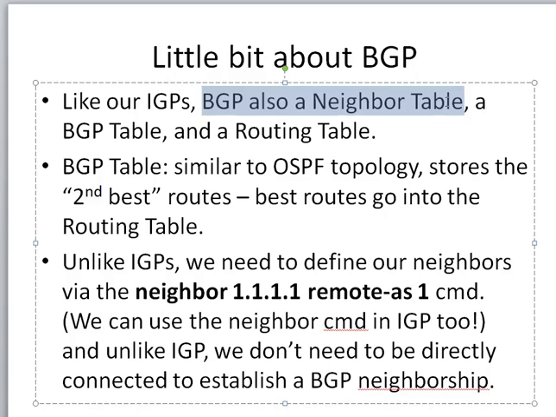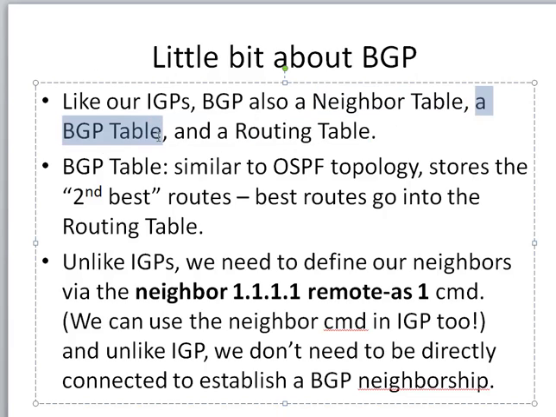BGP has a neighbor table and also has a routing table, and down in the slide I'll show you guys the command to view those. Same thing with OSPF and EIGRP. We have the neighbor table, which, as you can imagine by the name, even if you know nothing about BGP, is a list of all the neighbors that I know.